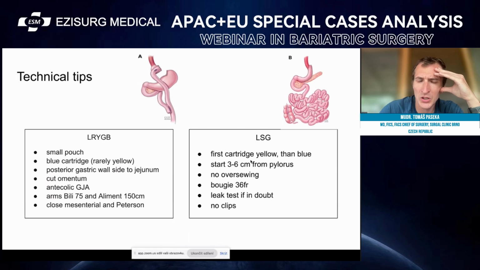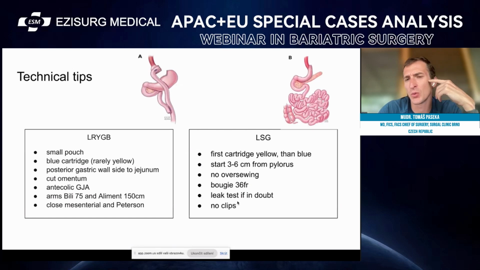In sleeve gastrectomy, we use first a yellow cartridge and following blue cartridges if it's the primary procedure. We start 3 to 6 centimeters from the pylorus. We don't overshoot any anastomosis. We use a 36 bougie, sometimes 42, but 36 is usually enough.